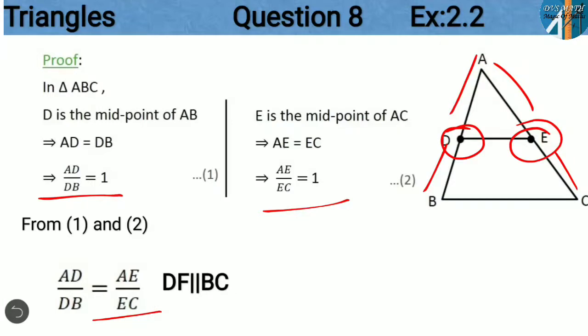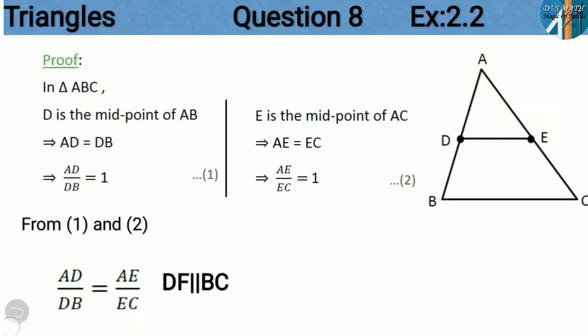As you all know, in a triangle, if the other two sides are divided in the same ratio, then the line drawn is parallel to the third side by the converse of BPT. So by the converse of BPT, you can write DE is parallel to BC.